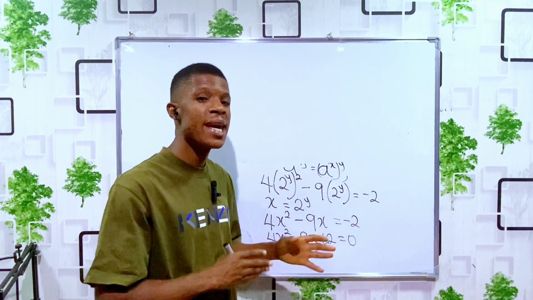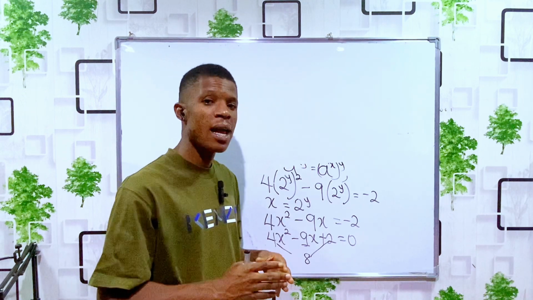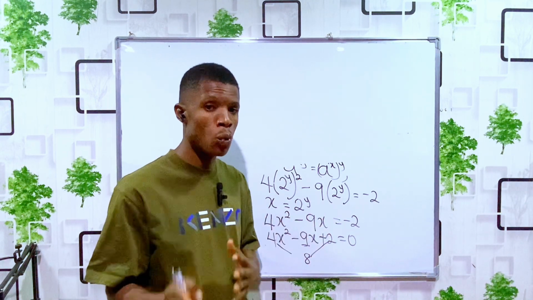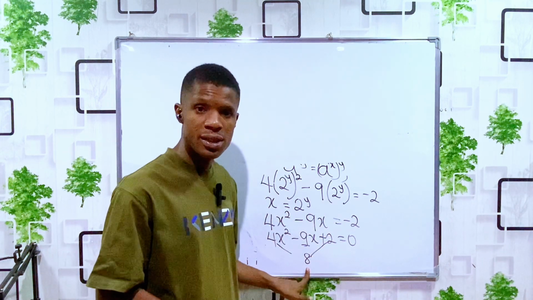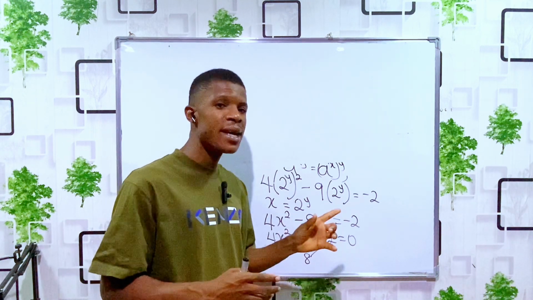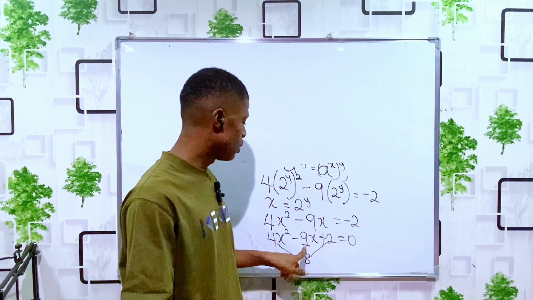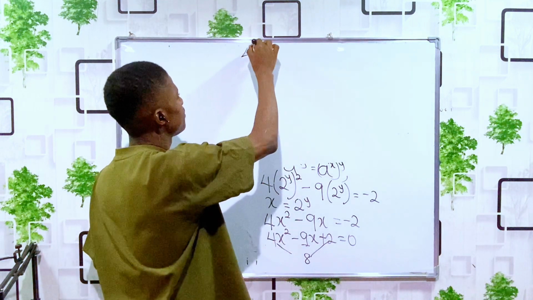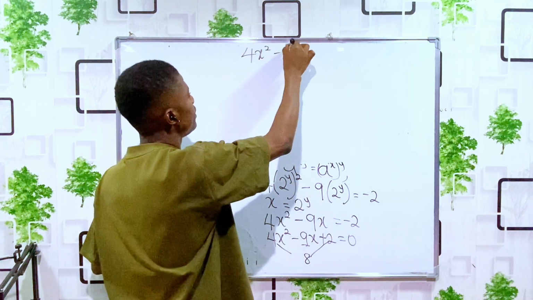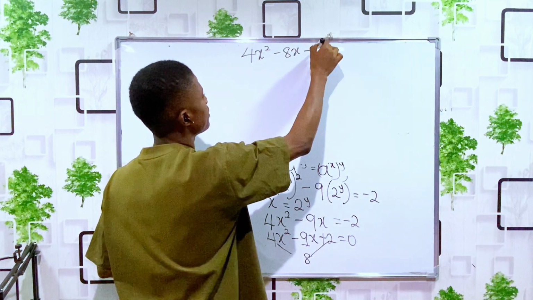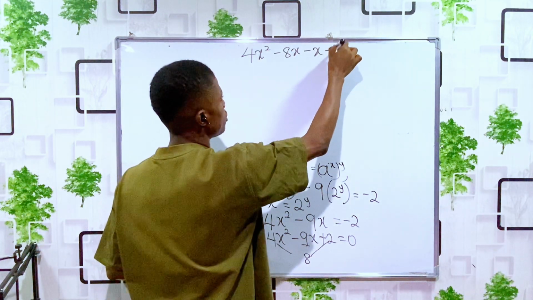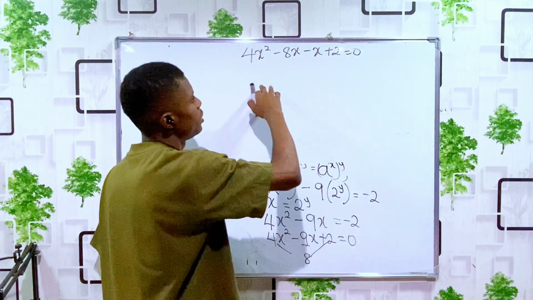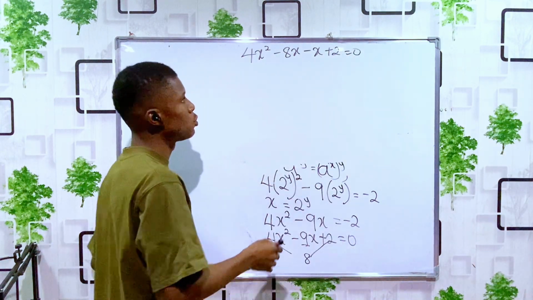When you multiply minus 8 and minus 1, you get a positive 8, and when you add minus 8 and minus 1, you get a negative 9. So we write it as 4x squared minus 8x minus x plus 2 equals 0. We now factorize by grouping.